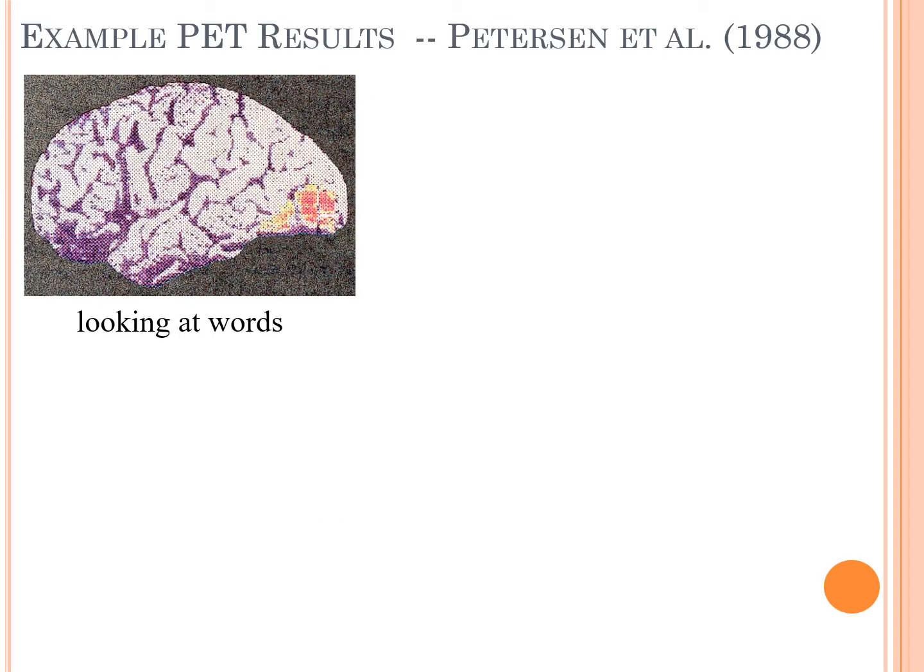Okay, so when they're looking at words, we're looking at the left hemisphere, so the front of the brain is to your left. So this is the back of the brain. When they're just looking at words, we see activity in the occipital lobe, which makes sense for visual processing.